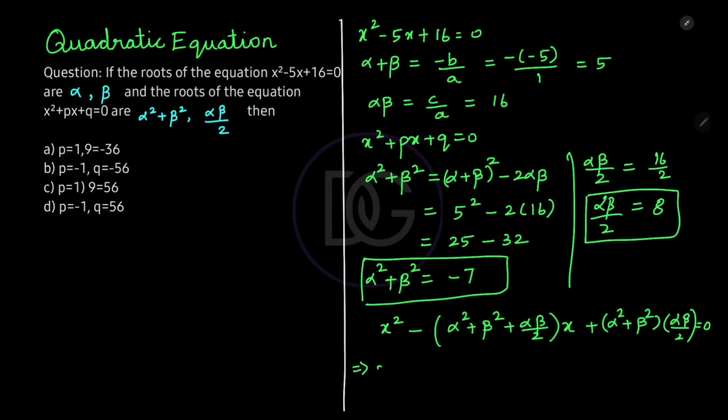Just find out the value of alpha square plus beta square plus alpha beta by 2.